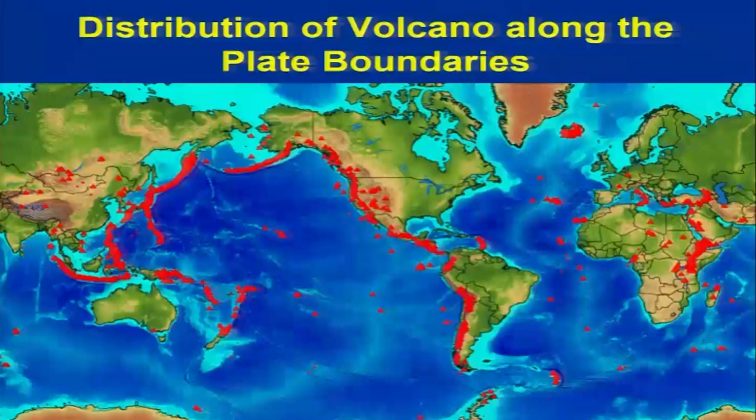And wherever there is no oceanic plate subducting below, like in the case of the Himalayas, both are continental plates. But here we have the oceanic plate subducting below the continental plate, so we see the volcanic eruptions on the continental side.